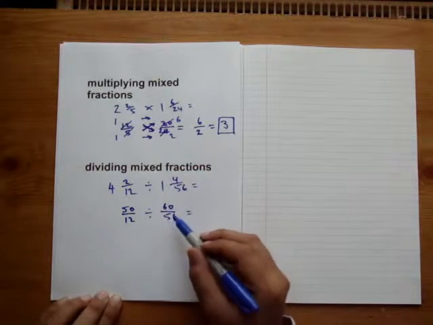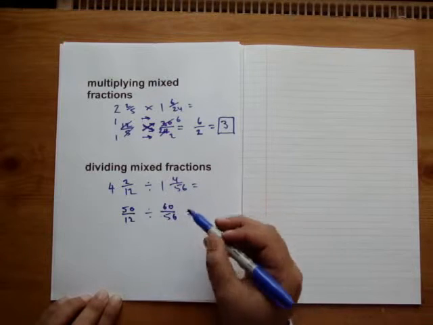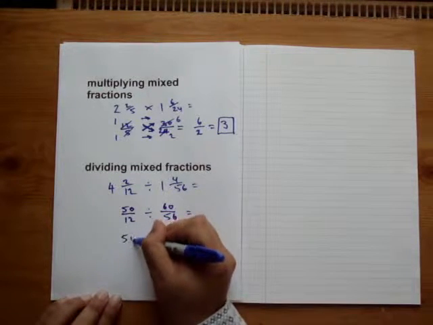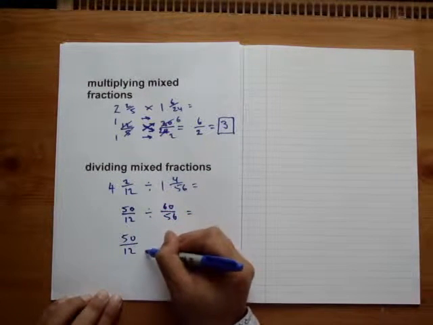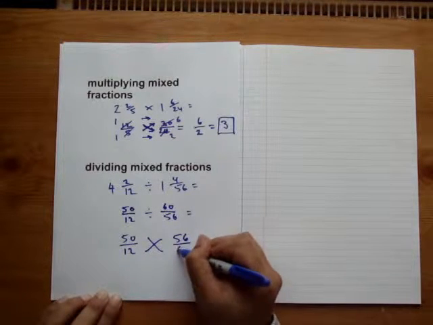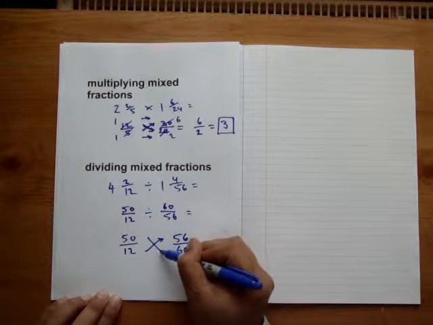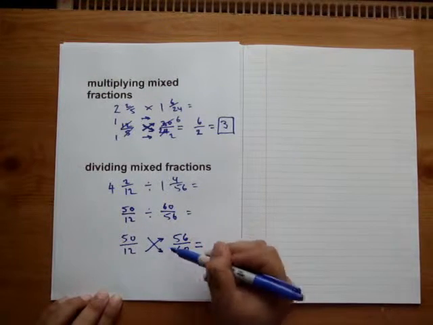Now remember, when we're dividing, we get the reciprocal of the number we're dividing by and multiply. So that's 50 over 12. Is there anything that we can do to make it simpler?